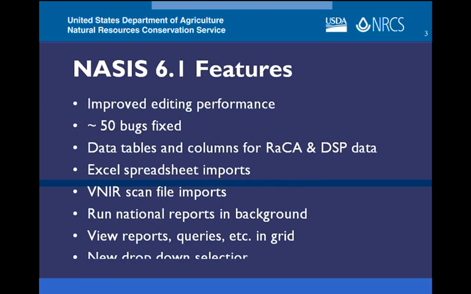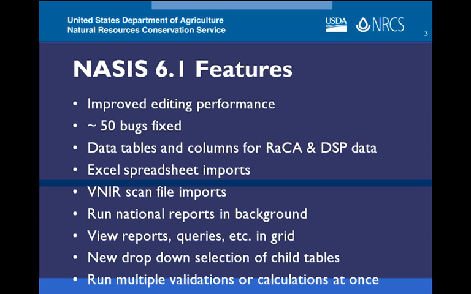In NASIS 6.1, the major features included are what appears to be a pretty dramatic improvement in performance, especially when you're editing tables with a lot of data in them, a lot of records. And some of that carries over into running reports as well and other activities.